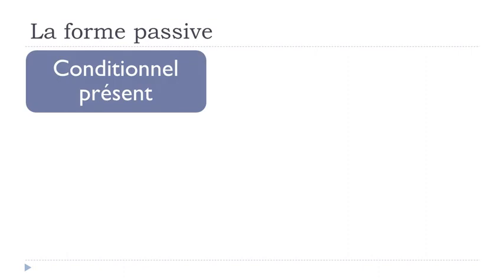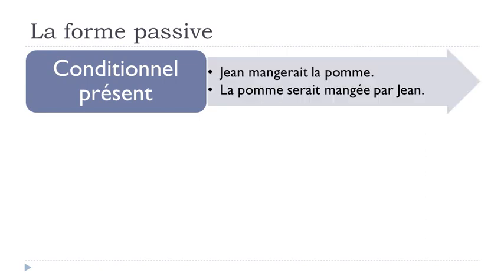Then let's have a look at the conditionnel présent because we saw it already in the previous unit. Jean mangerait la pomme, would eat. So if you change it, la pomme serait, and that's the conditionnel présent form of être, mangé par Jean.